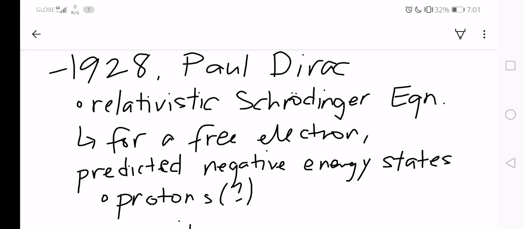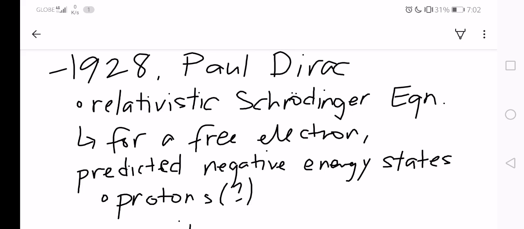So let's go back a bit before Anderson's discovery of the positron, the antiparticle of the electron. Back in 1928, a genius physicist by the name of Paul Dirac derived a relativistic version of the Schrodinger equation.